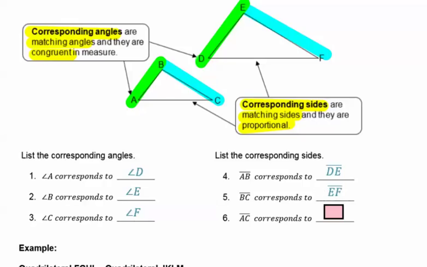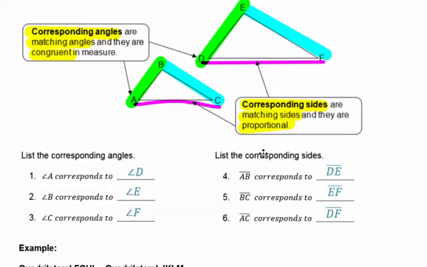And then last, with our other highlighter, let's say AC. Oops, let's use a different colored highlighter. AC is going to match with DF. And again, we have to go in the specific order. So again, corresponding angles, matching angles equal each other. They are congruent. And then corresponding sides are proportional.